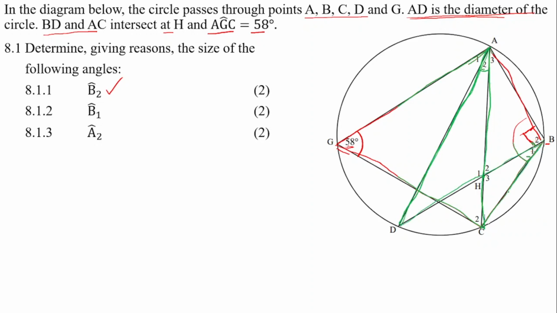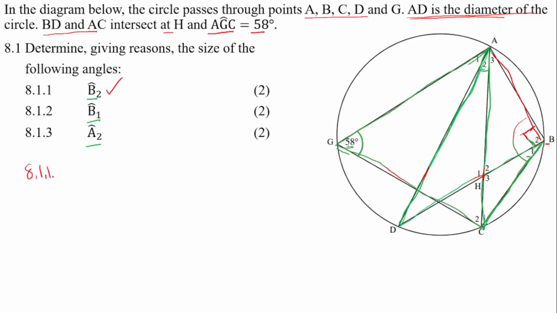So it means angle A2 is equal to angle B1. Okay, you can see this bow tie formed by the green ink there. So these are angles in the same segment. So now with what we have done so far, I think we can find angles B2, B1, and A2. Let's just write our answers.